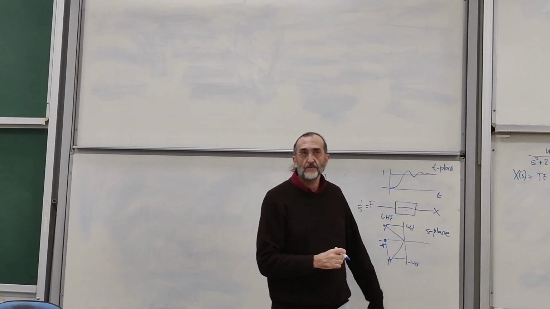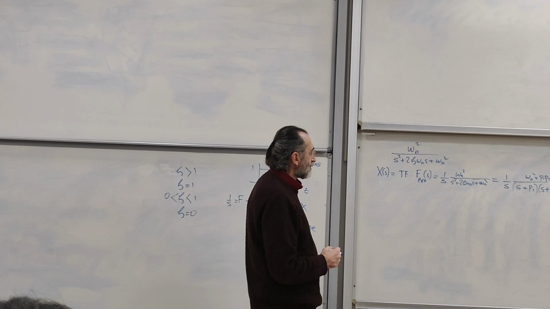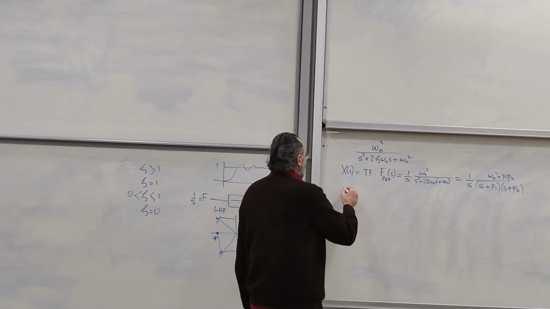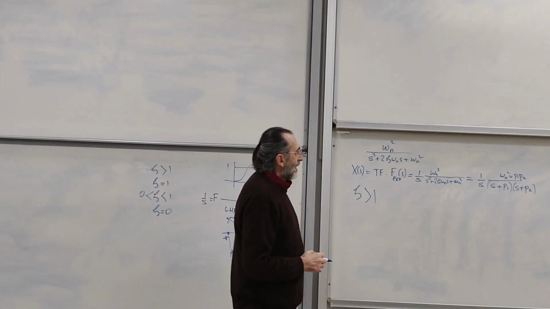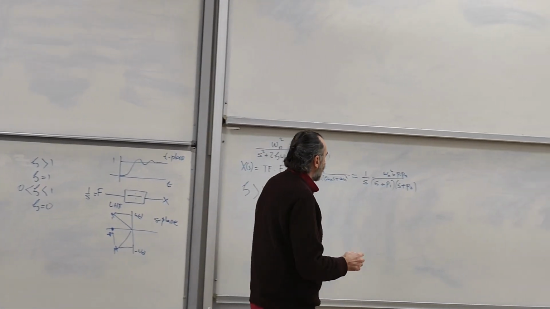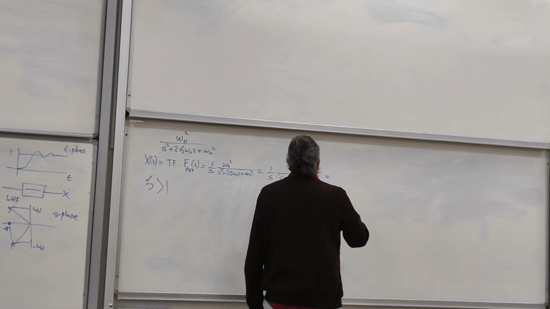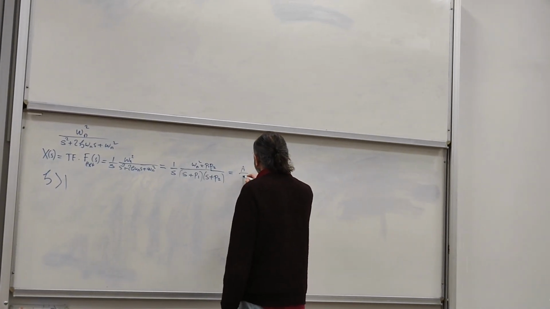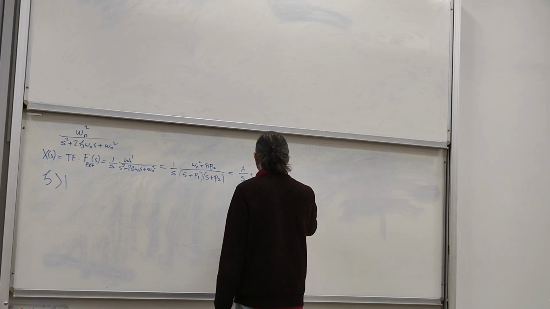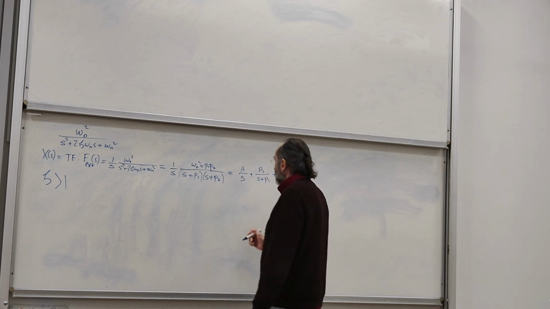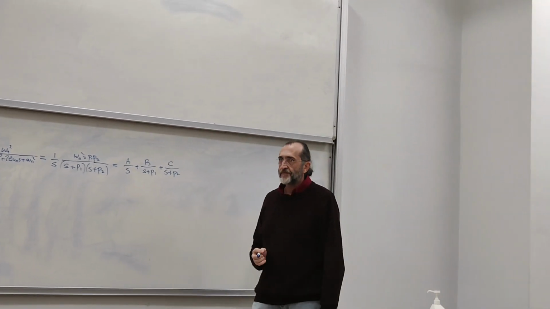It's been just 20 minutes. So zeta is greater than 1. This is going to be A over s plus B over s plus p1 plus C over s plus p2. Partial fraction solution.